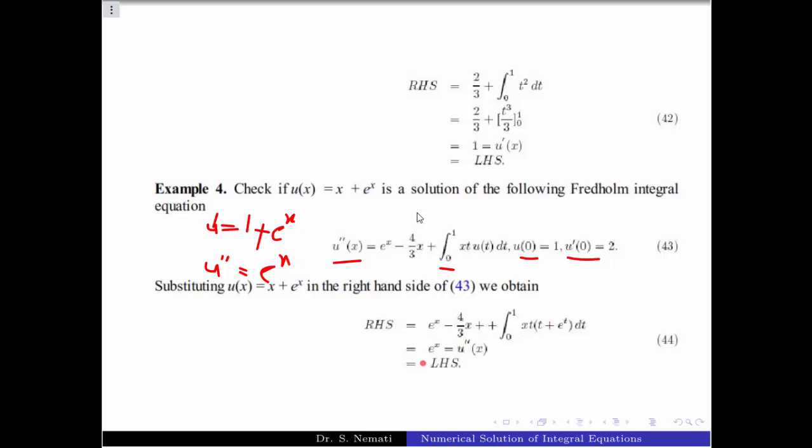Then we have in the right side e to the power x. And as we know, the second order derivative of the function u is also e to the power x. So the left side and right side of this equation are equal, and we can say that this function is a solution of this integral differential equation.